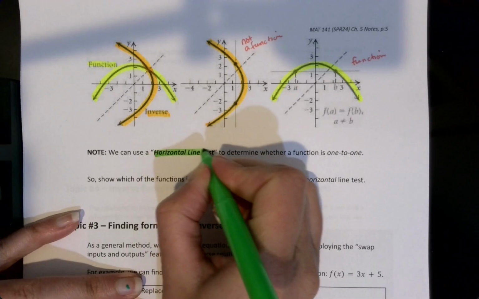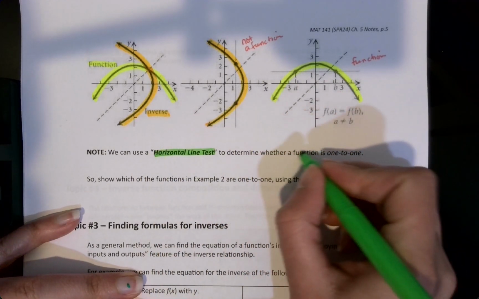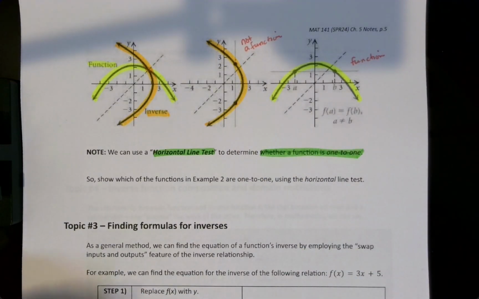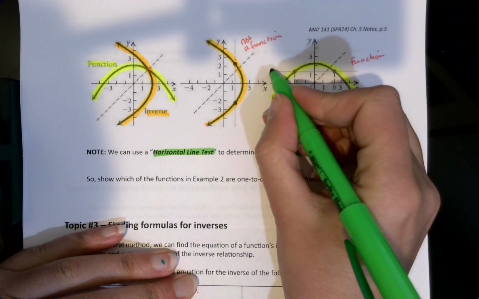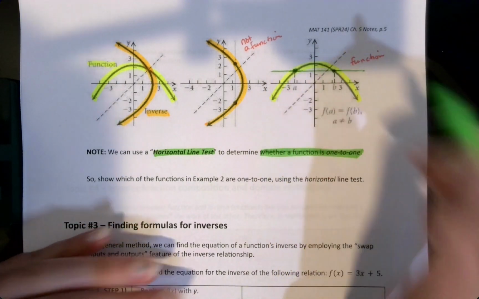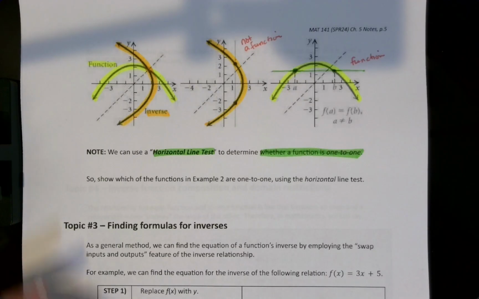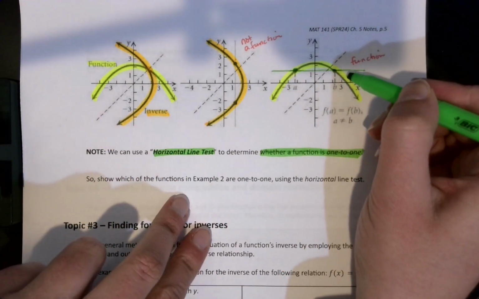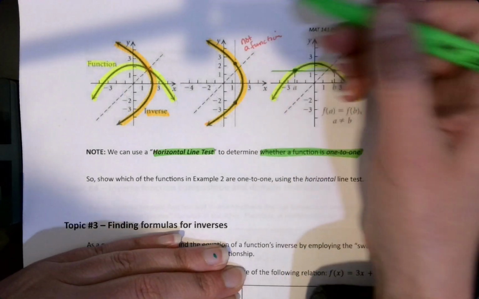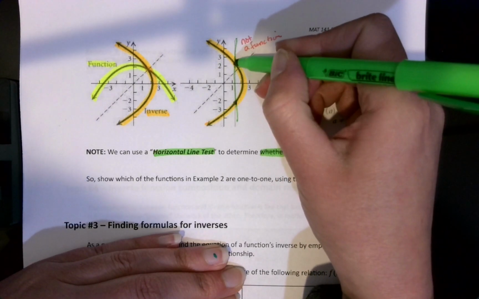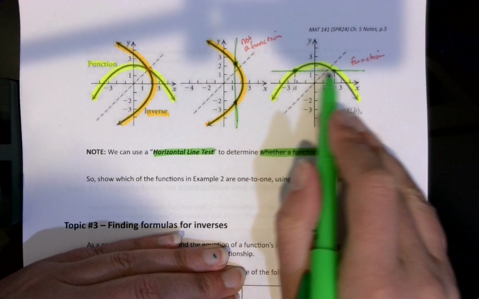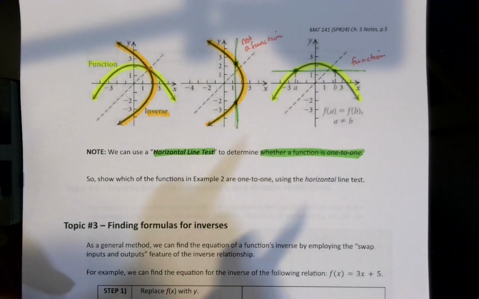Okay, so horizontal line test determines whether or not a function is one-to-one. If I look at the original function and imagine a horizontal line, if that horizontal line is going to pass through the function in more than one place, then when you flip x and y values to make the inverse, that horizontal line flips to become a vertical line, and your vertical line is going to make the inverse not a function. So the horizontal line test will determine if our function is one-to-one.